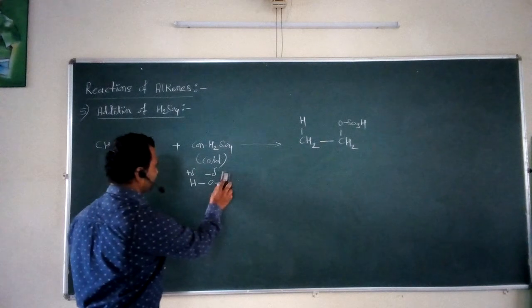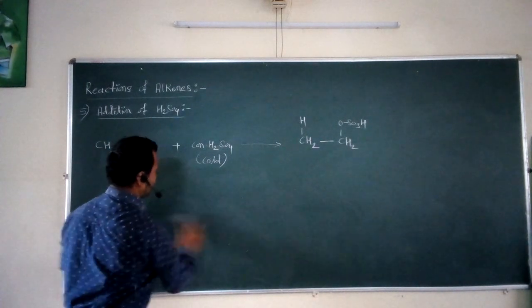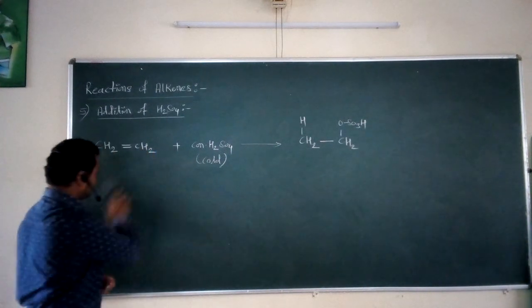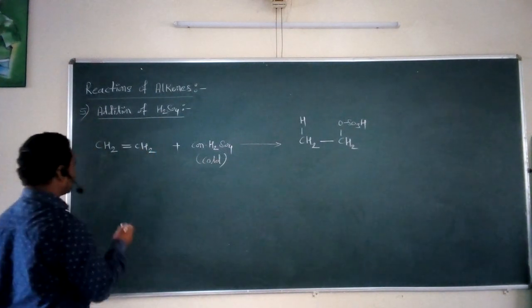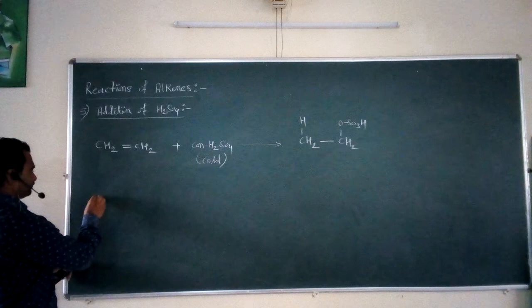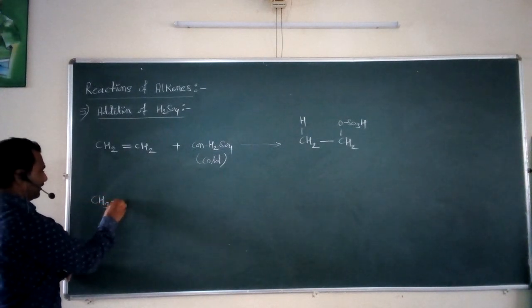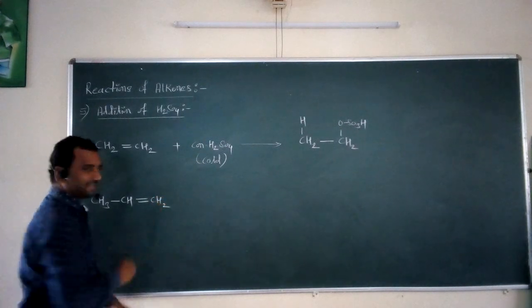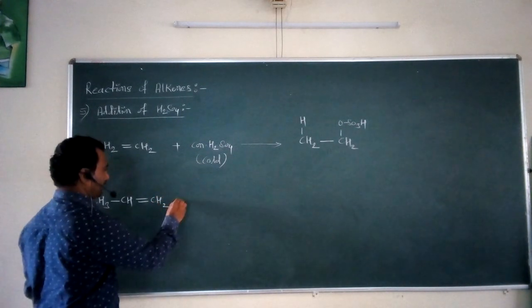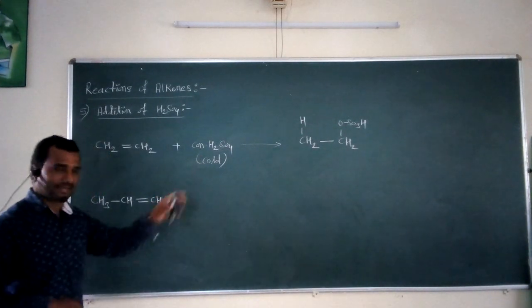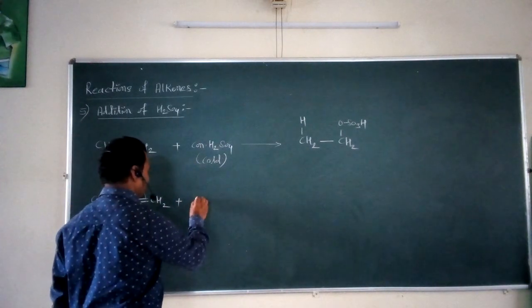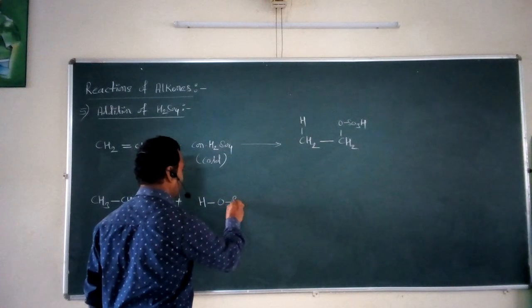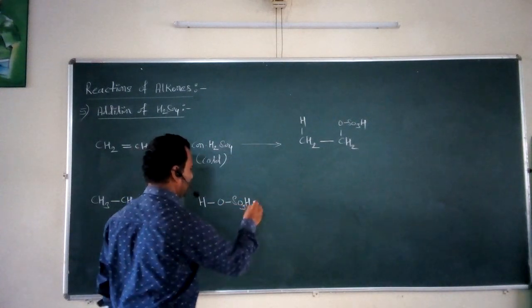Now secondly, if I take a second example of the alkenes for the same type of reaction, I take CH3 single bond CH double bond CH2, the second type of reactant, plus again the same reagent, concentrated H2SO4, HO single bond OSO3H.